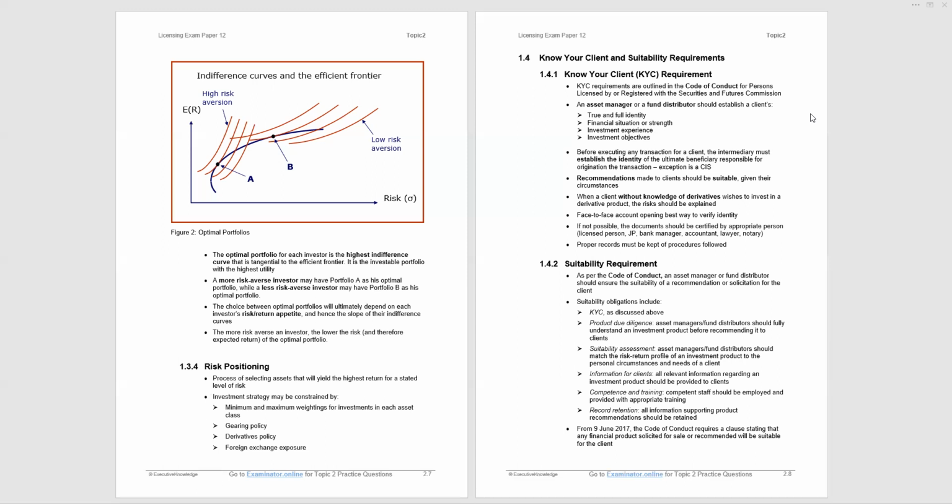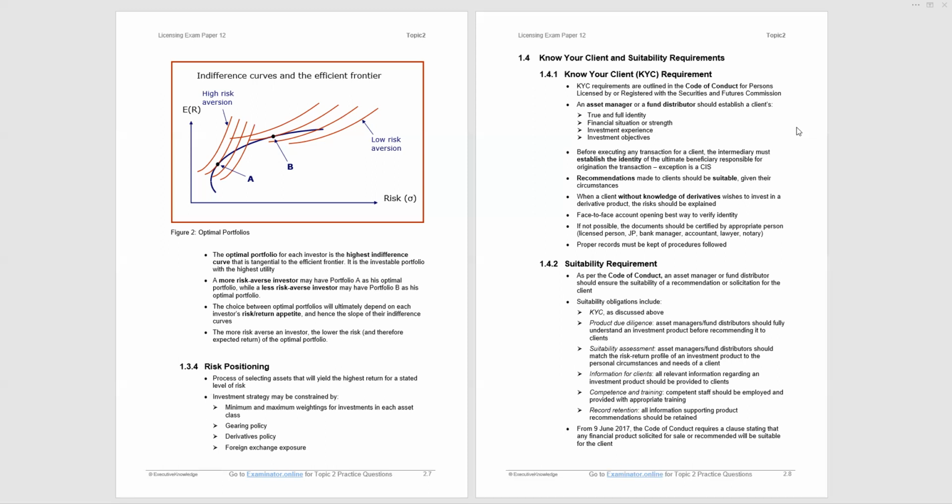The identity of the scheme is good enough. Now, recommendations you make to clients should be suitable, and we'll look at that in more detail in the next section. When a client without knowledge of derivatives wishes to invest in derivatives, then the risks of such products should be explained to the client.